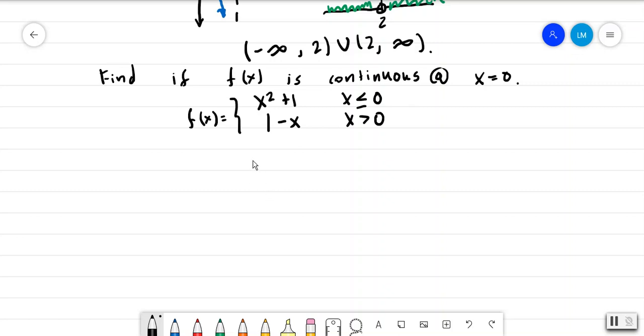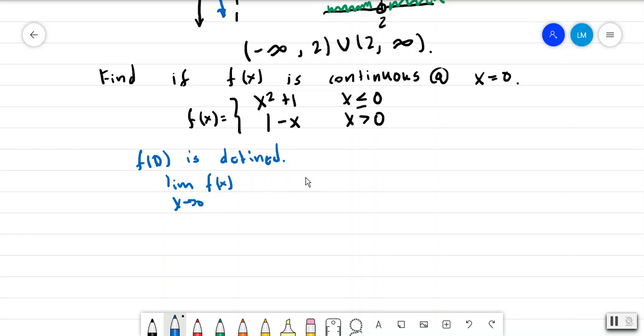So for here, I need to go through the checklist. Okay, f of 0 is defined. If you want to be very specific, you just evaluate what it is at the top. But I need to really check the limit as x approaches 0.